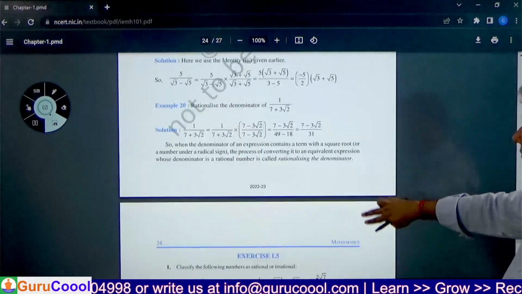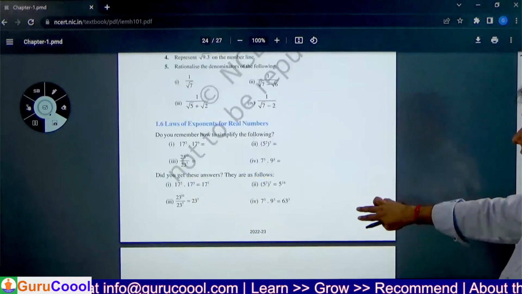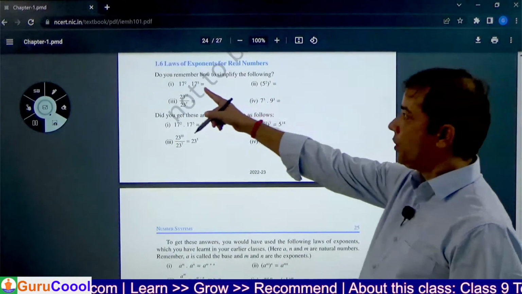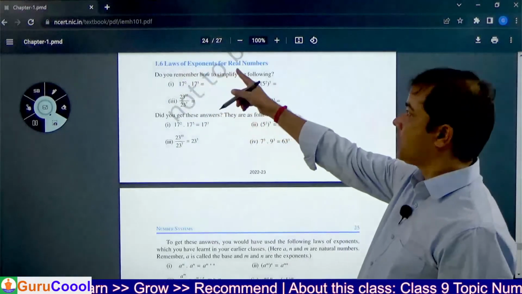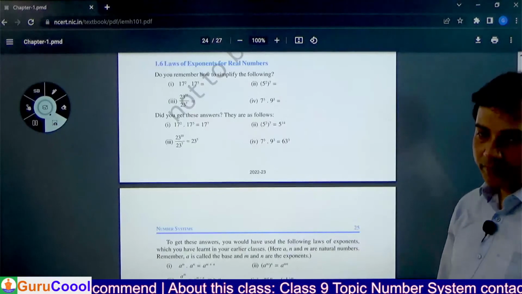Yes, sir. Is this given? Exponent is given. Sir, it's in the 1.6 exercise. Topic 1.6, laws of exponents and real numbers. Is that there? Yes, sir. I've found it.